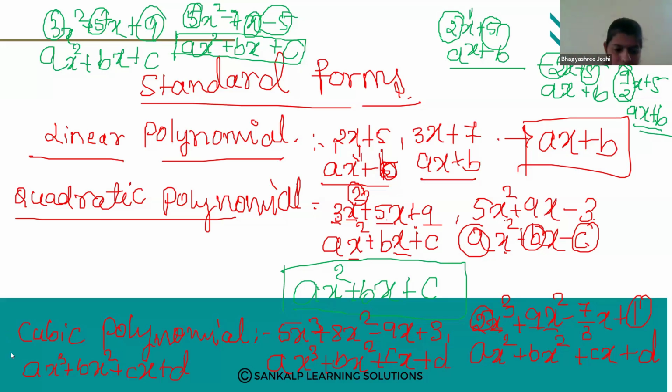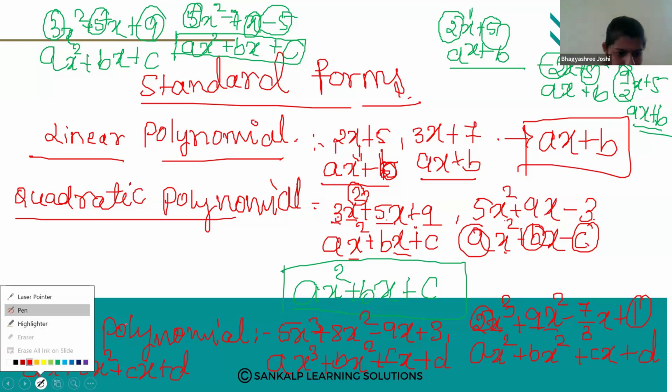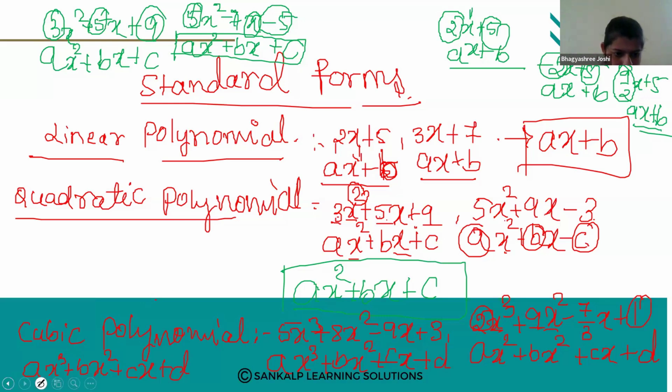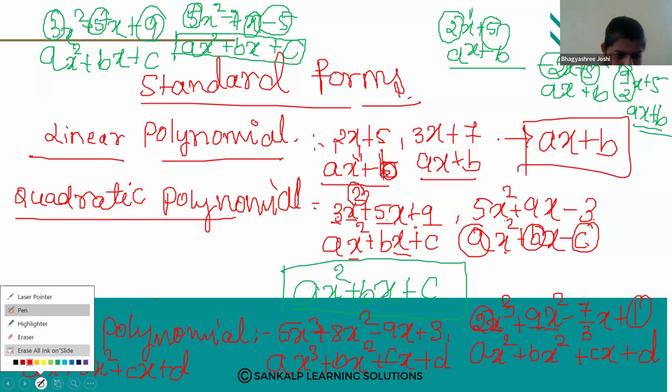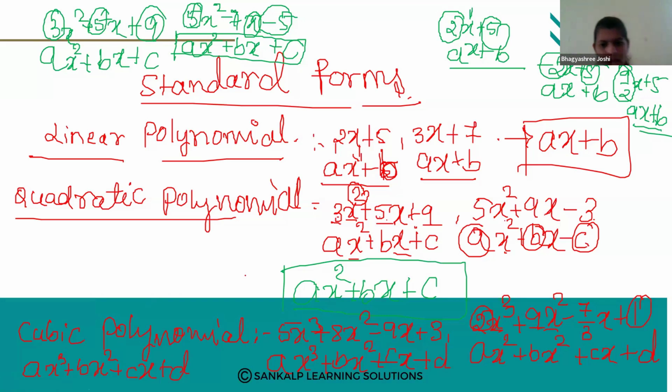Okay. A is not equal to 0. A and B are real numbers and A is not equal to 0. See, if it is a linear polynomial.